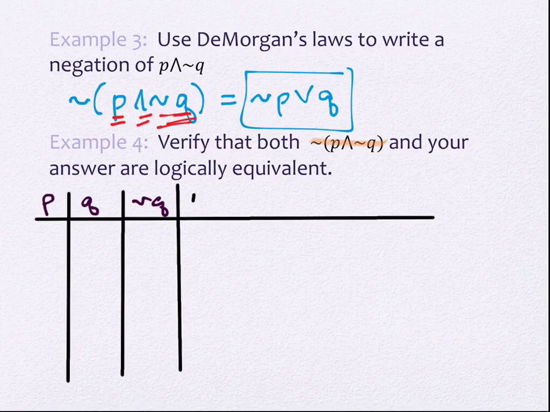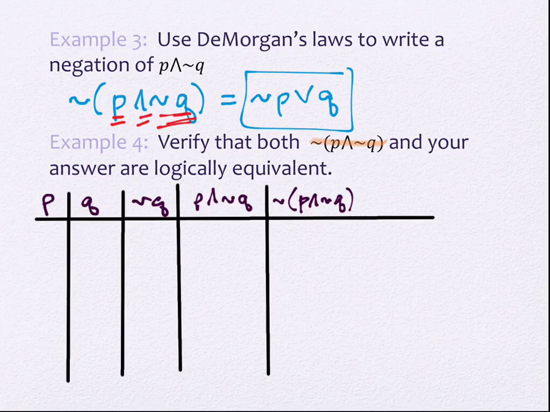So now I'm going to have P and tilde Q. That takes care of everything inside the set of parentheses. So the last thing would be to do a column where I have the negation of that, the whole statement altogether. Tilde, that's not a good tilde. Let's try that again. Okay, so the negation statement all composed at the end.